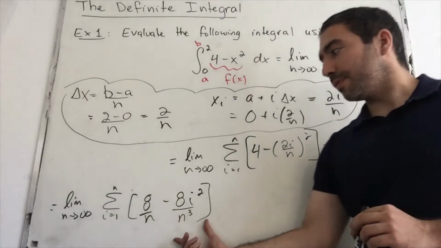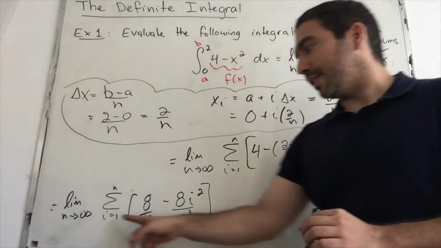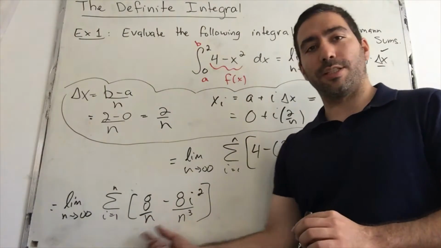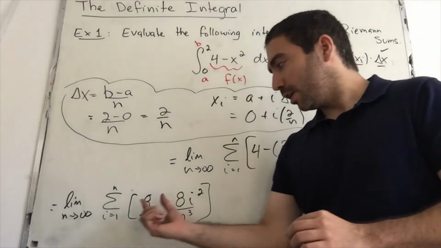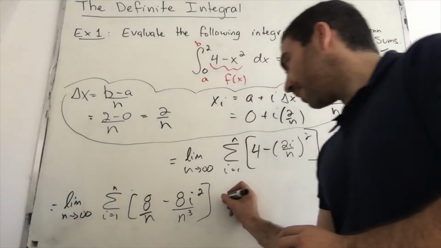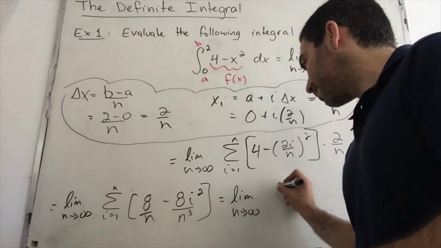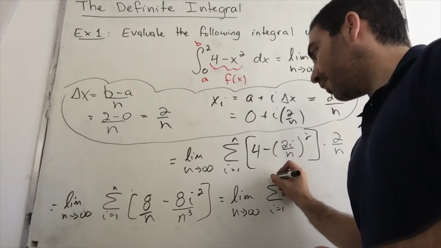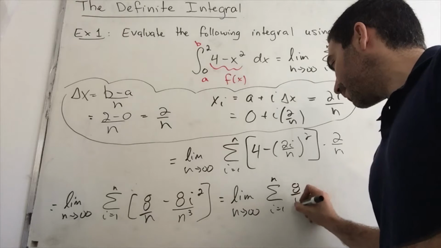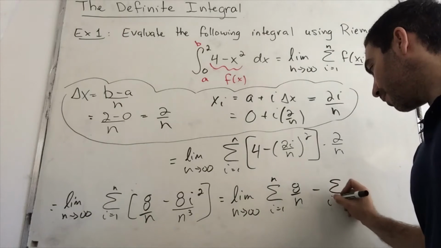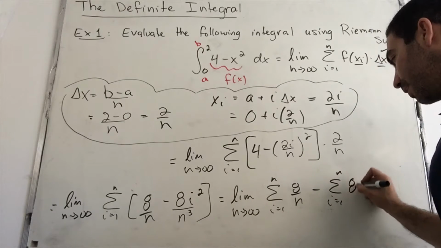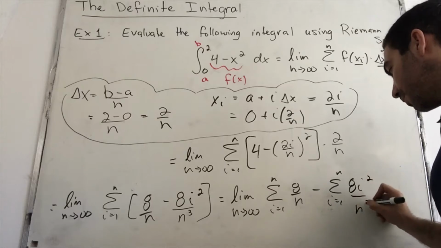And this is what we have. Now to evaluate this, we could deal with the summations of each term individually because it's separated by a subtraction. So we can take the sum individually. So we have the sum from 1 to n of 8 over n minus the sum from 1 to n of 8i squared over n cubed.